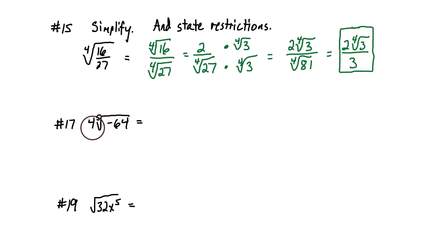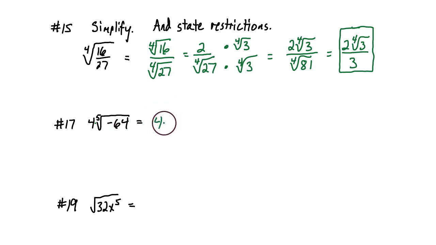Number 17, we want to do 4 times the fifth root of negative 64. Let's first determine if negative 64 has a fifth root that's an integer. It doesn't, because there is no integer that you raise to the fifth power to get negative 64.